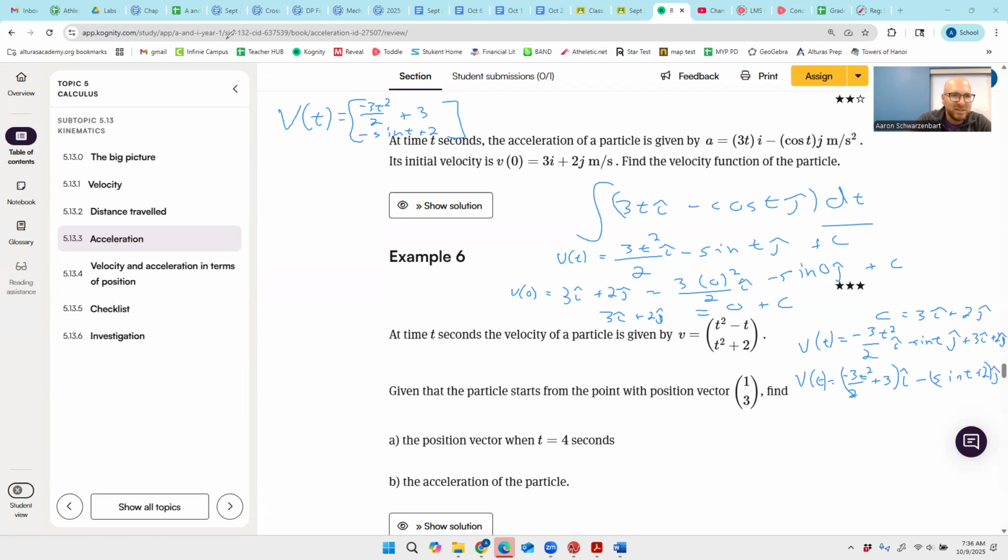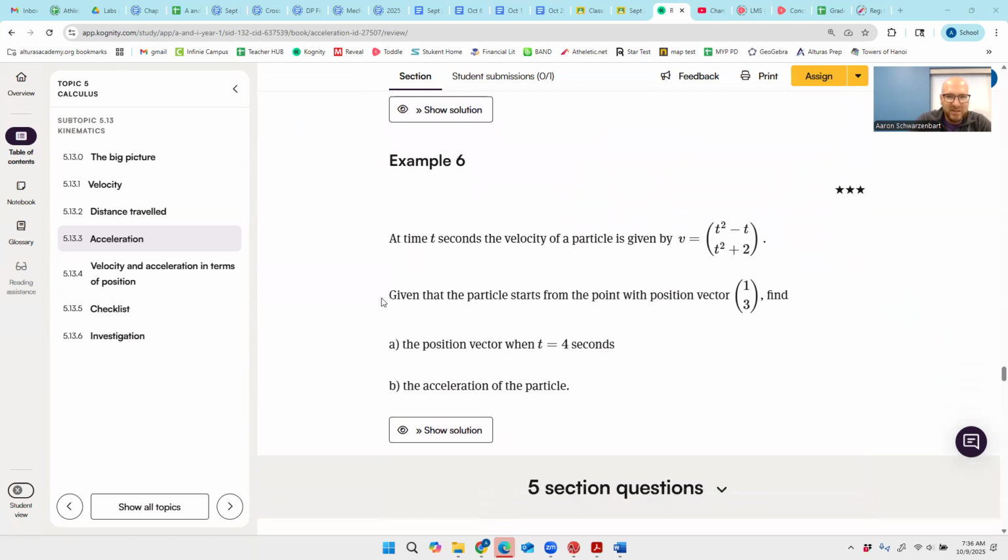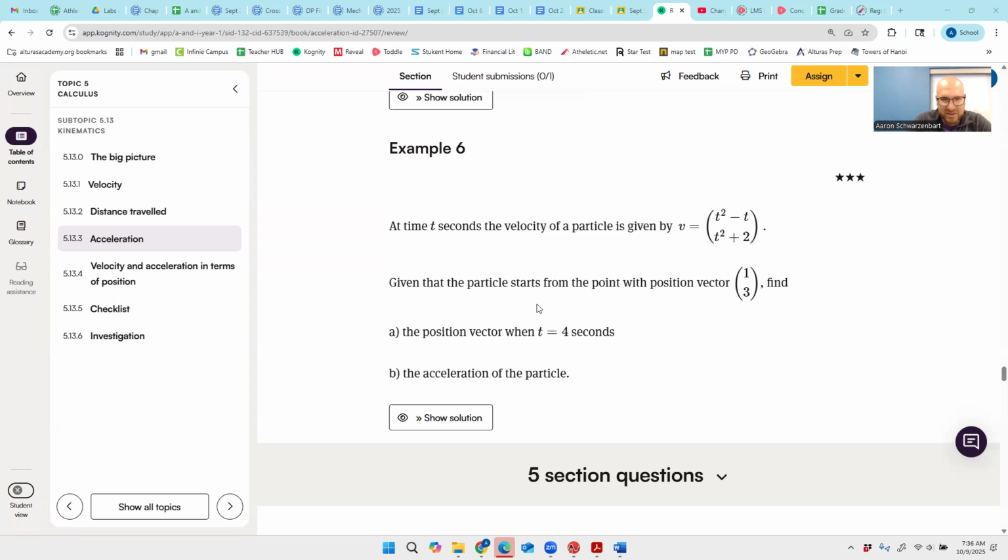Okay, final example for this section. At time t, the velocity of the particle is given by this. Given the particle starts from a point where the position vector is (1, 3), find the position vector when t equals 4 seconds. So I'm going to integrate it, which really means I'm going to integrate the two parts. I don't love how they show this. How I'm probably going to show it is two separate ones.